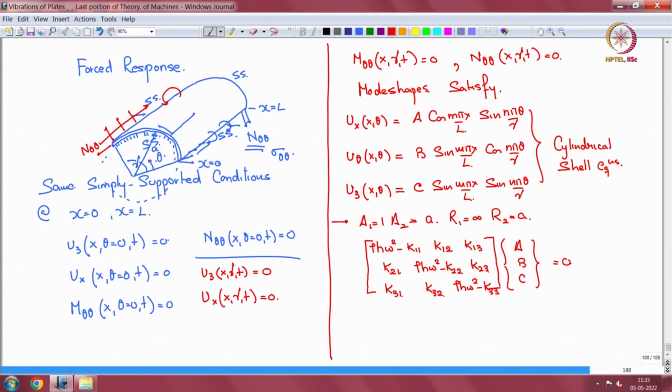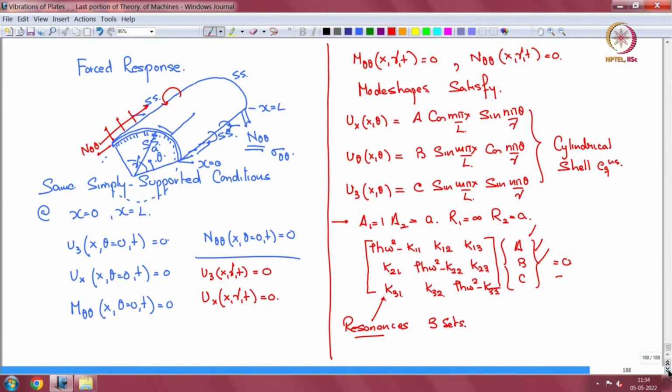So for a non-trivial value of A B C, this has to be singular, and that gives you the resonances. As before, you will have 3 sets, as for the closed cylinder.